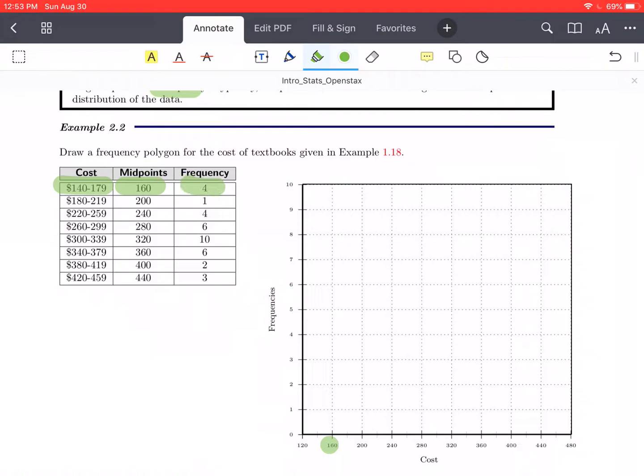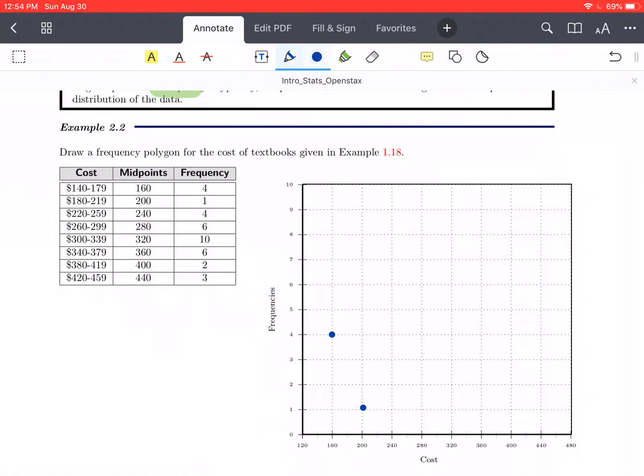The frequency is 4, so I'm going to plot a point here at 4. Then from 180 to 219, the midpoint of that is 200, so they've already labeled all the midpoints here. There was only one textbook that fell into that range of cost. So that one just has a value of 1.